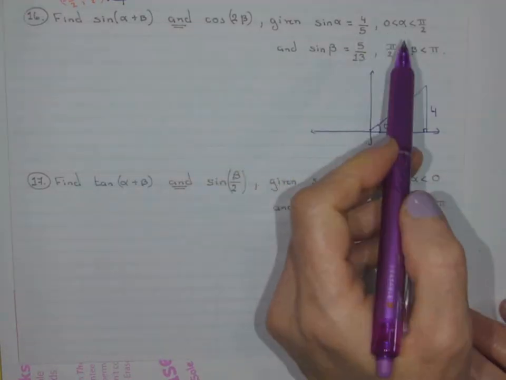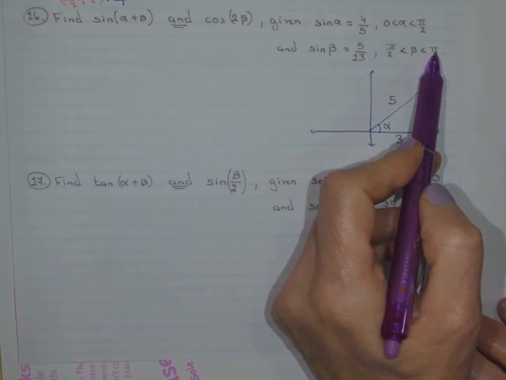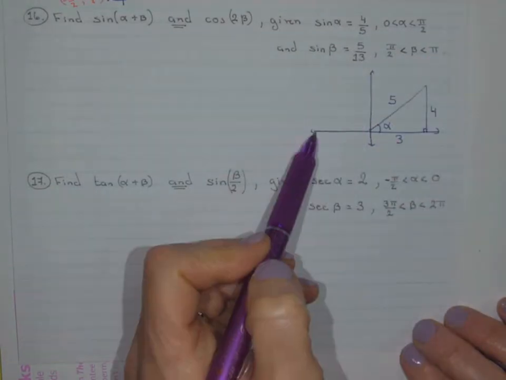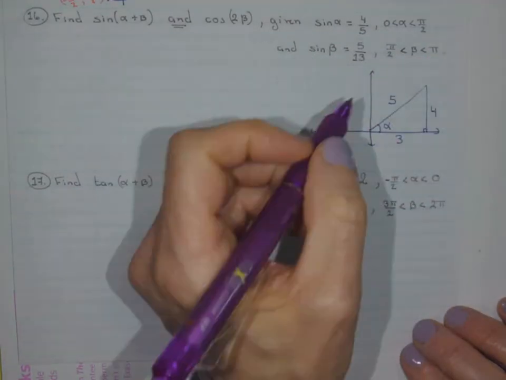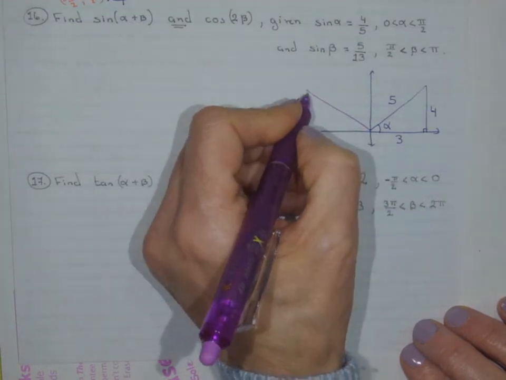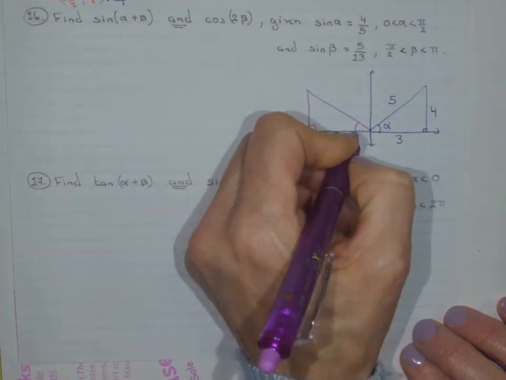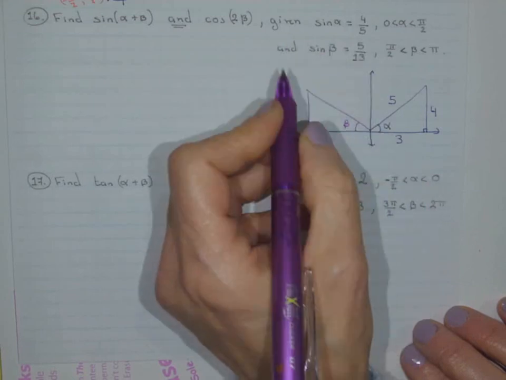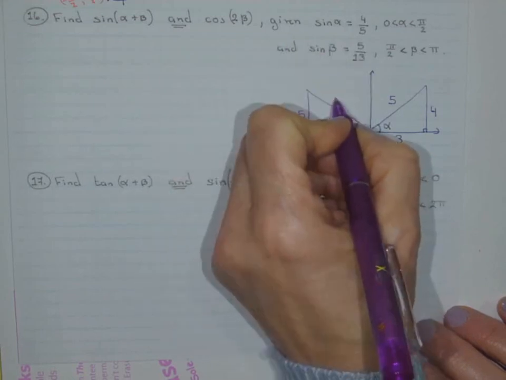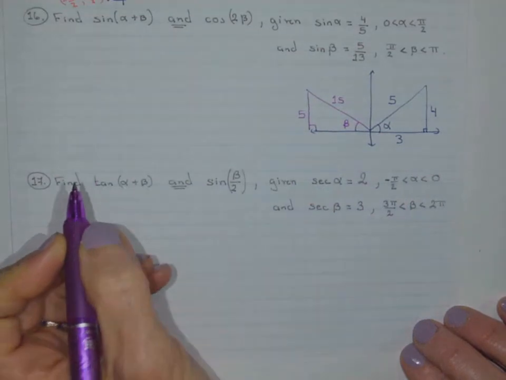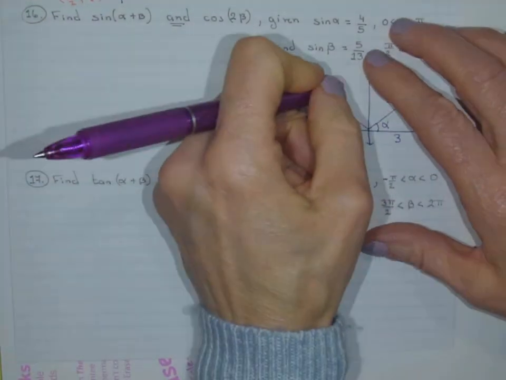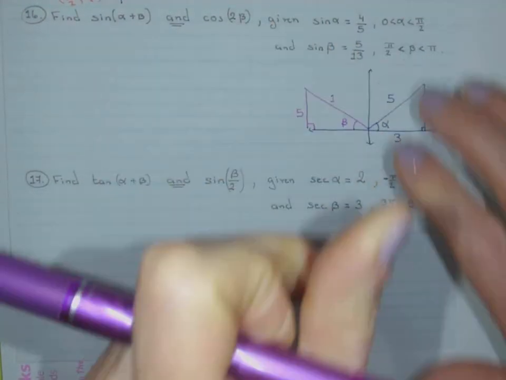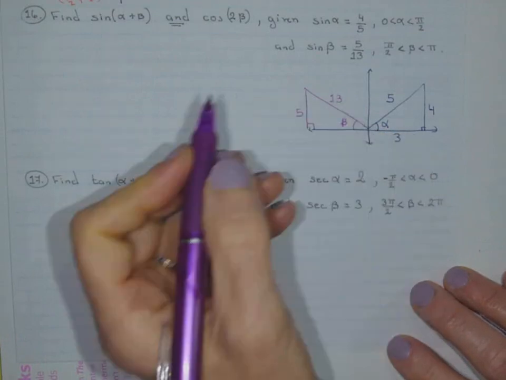So angle beta is between pi over 2 and pi. Well, that's going to be quadrant 2. So here is the triangle for beta. Beta has a sine of 5 over 13, so opposite over hypotenuse. Oh, sorry, I looked at the 5, so I wrote a 5 instead of writing my 13.